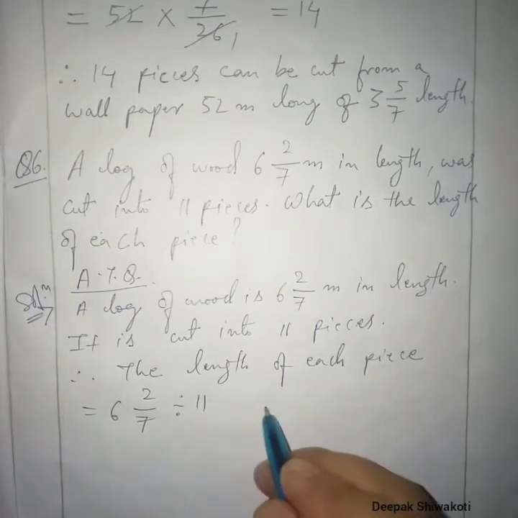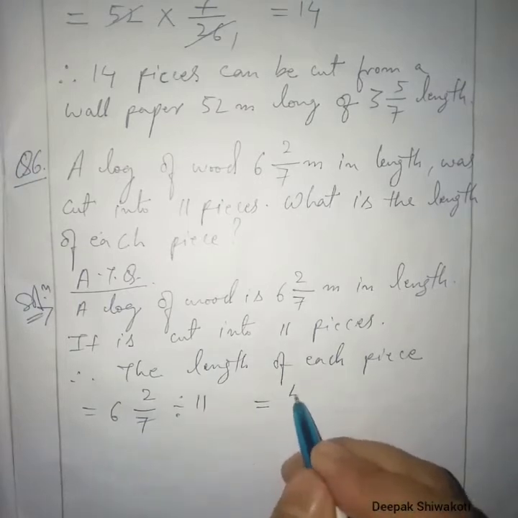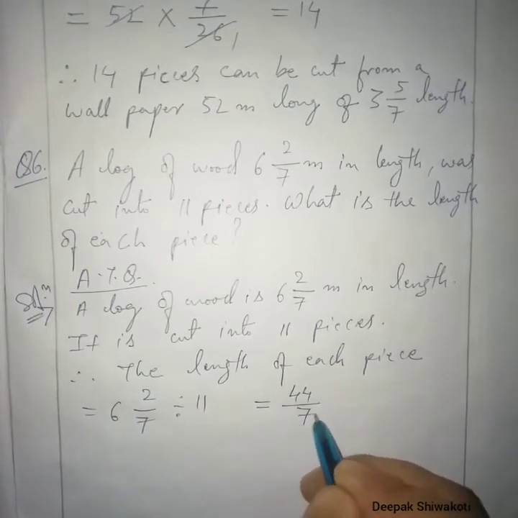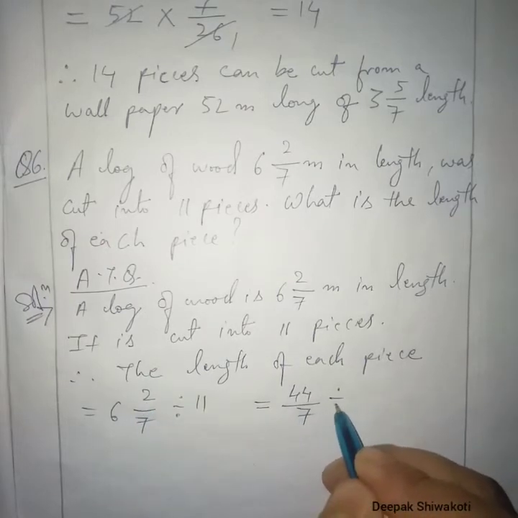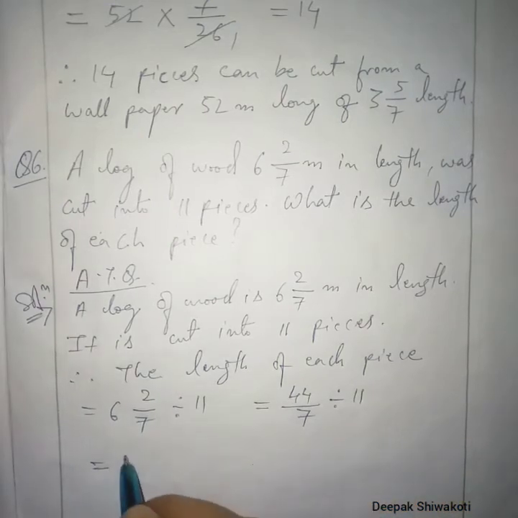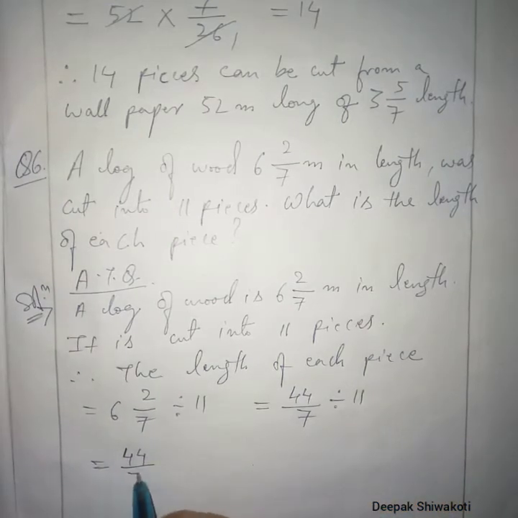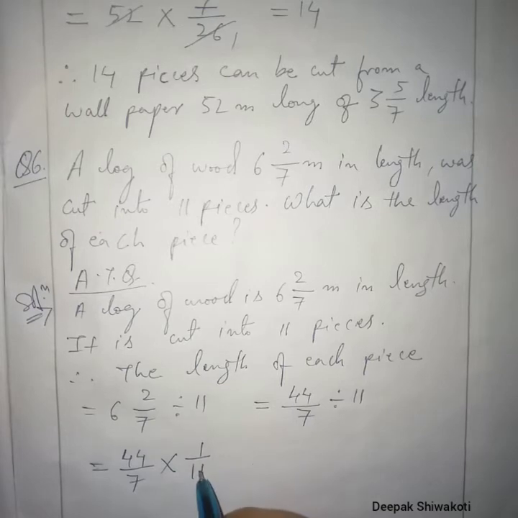Okay, very simple work. This mixed fraction into improper fraction, 44 by 7, we get: 6 7s are 42 plus 2, 44 divided by 11. And again we have to change that divide sign into multiplication sign, and 11 will become 1 by 11, the reciprocal of 11.